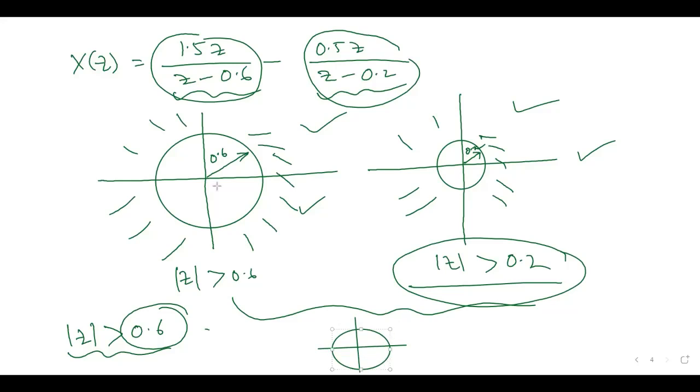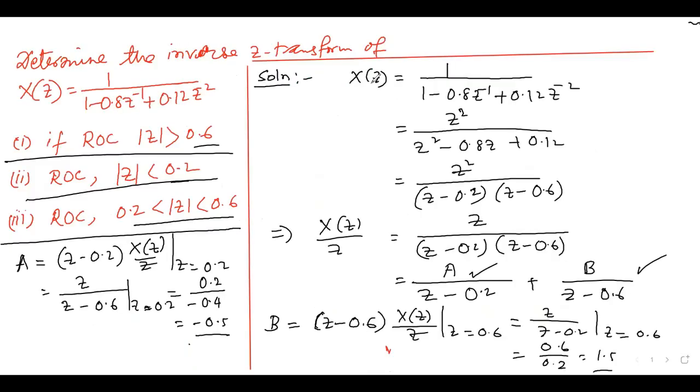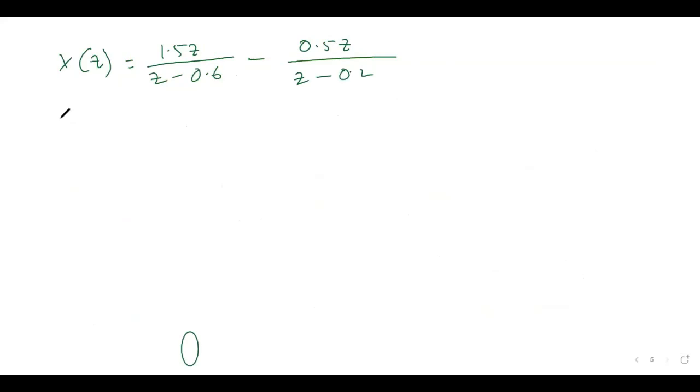And for the second portion, look here: X(z) is equal to 1.5 z by z minus 0.6 minus 0.5 z by z minus 0.2. Now look at the ROC. ROC is given as mod z less than 0.2.